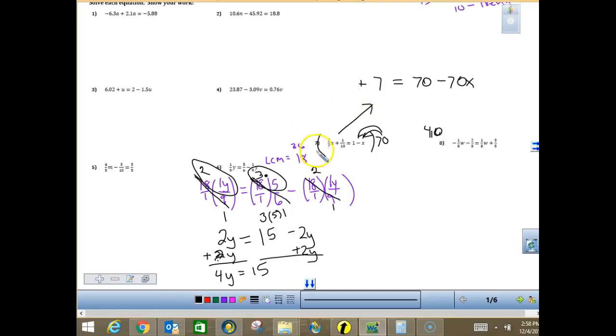And they got this part and said 7 goes in there 10 times and add 2 times 10 times 2x, which is 20x, right? So it was 20x plus 7 equaled 70 minus 70x. Yeah, because since there wasn't a fraction on the right side of the equation, I didn't do that.